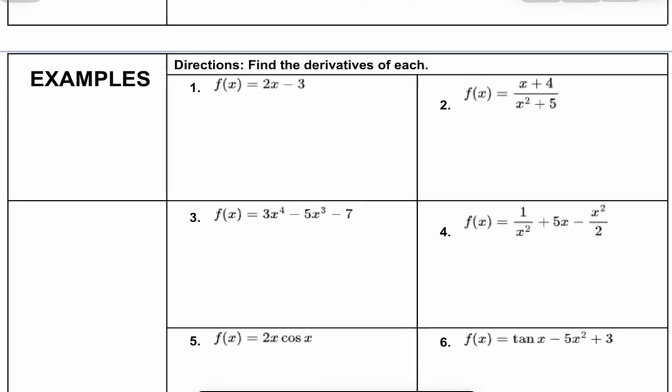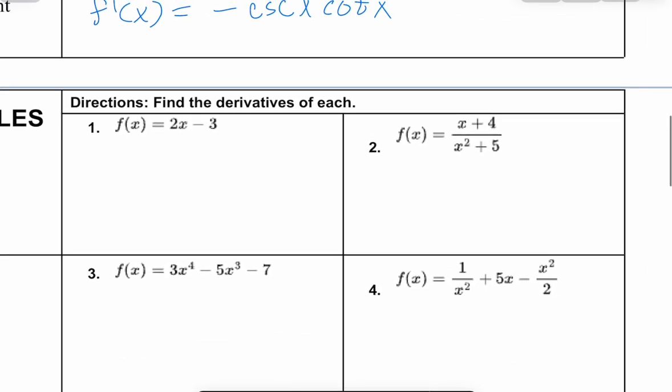Okay. So let's go down the list and let's find each derivative and let's talk about the rules we have to use. Okay. So for problem number 1, that is a very simple derivative. We can just use our rules for polynomials, each individual piece. The derivative of that is 2. Now let's talk about why. Let's go down the rules. Because it's a polynomial, you get to do each individual piece.